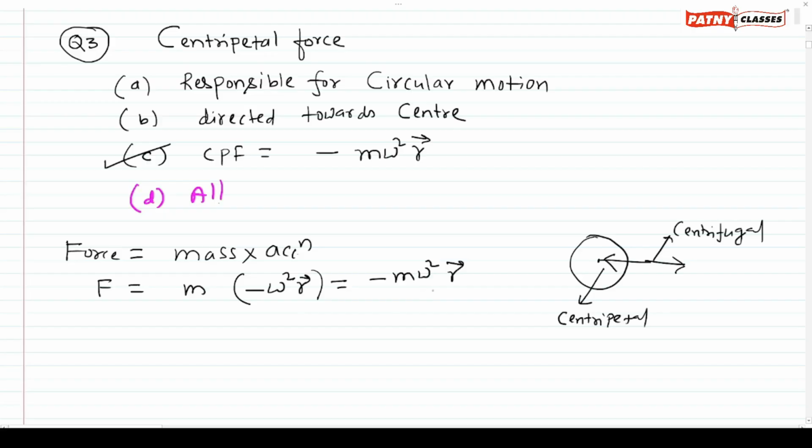Since centripetal force has its direction along negative r, centripetal force equals minus m omega square r is correct, and directed toward the center is also correct. And centripetal force is always responsible for maintaining circular motion, therefore option A is correct. Therefore options A, B, C are correct, so we select all options. Option D is correct.